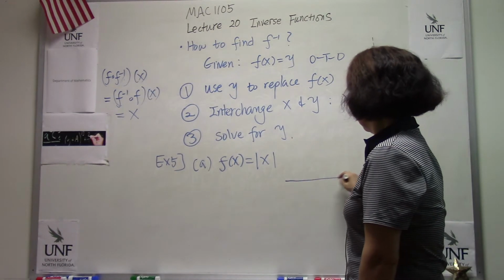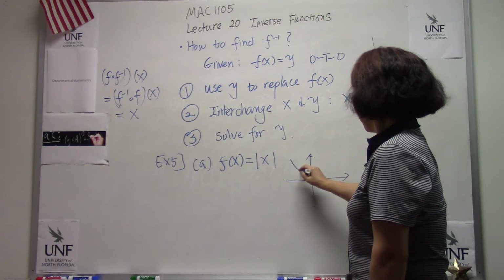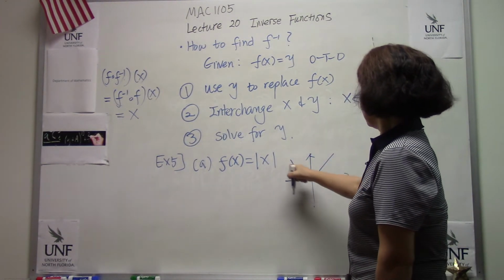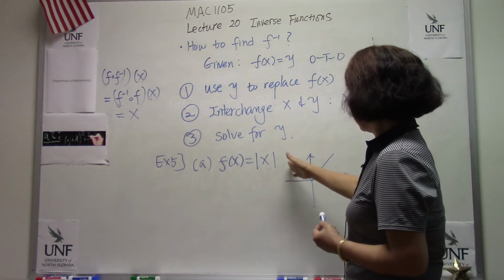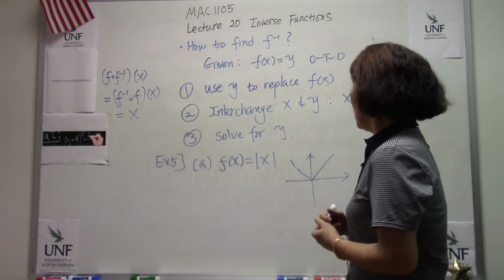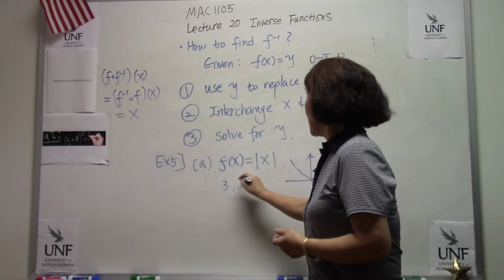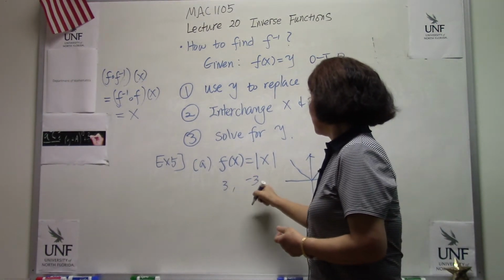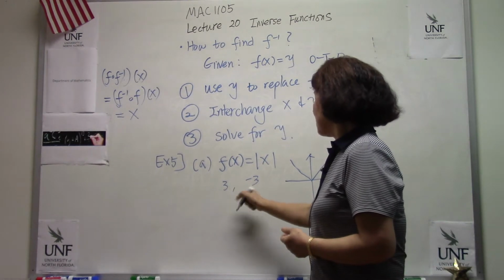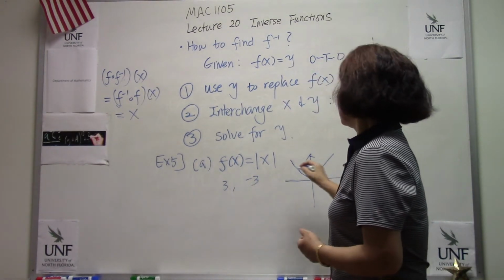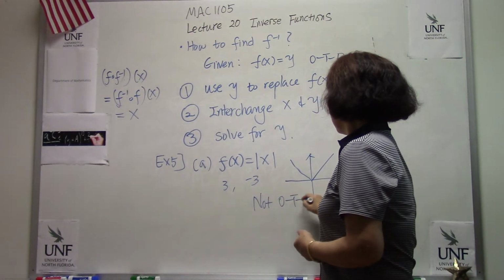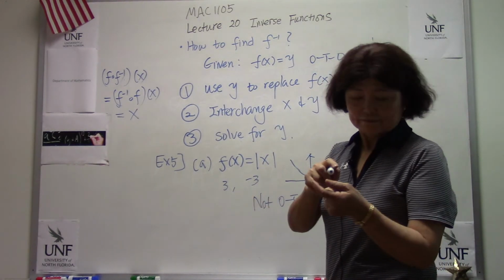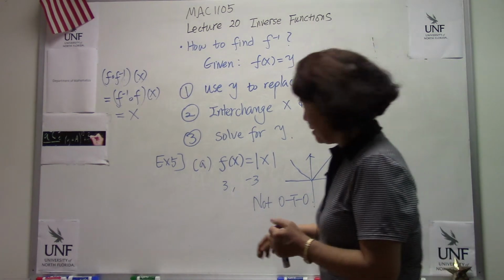Look at the graph. Oh, V. It's not good. One portion decreasing, one increasing. Or you may say 3 and -3 are two different inputs, but the output is the same, 3, correct? So this is not one-to-one, therefore game over. You don't have to do anything else.